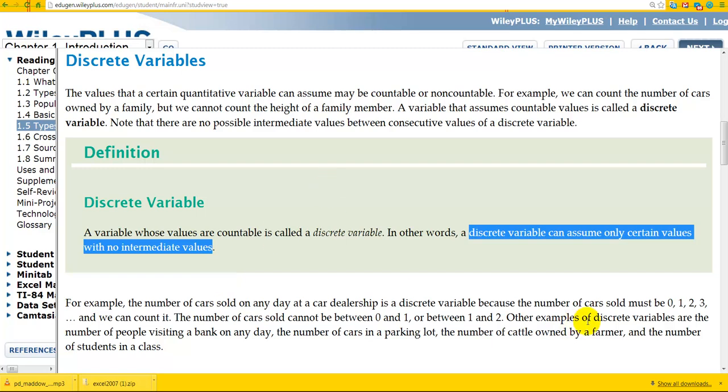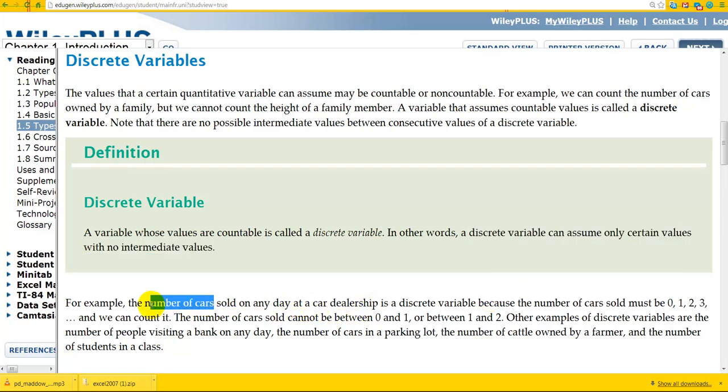So here, for example, the number of cars sold on any day, there's a minimal distance between any two possible values for number of cars. What I mean is, number of cars can only be 0, 1, 2. What's the distance between 1 and 3?